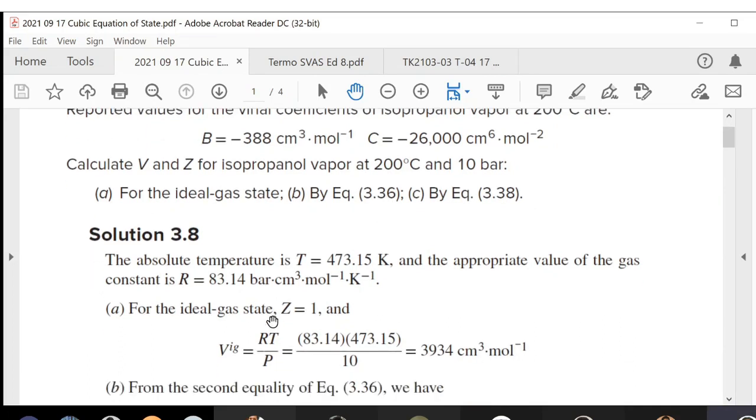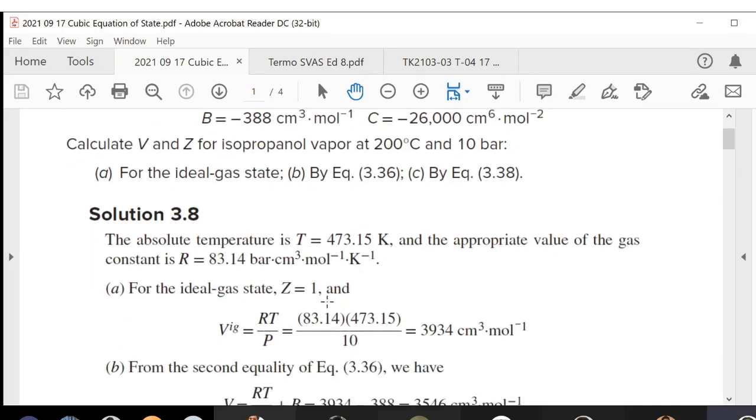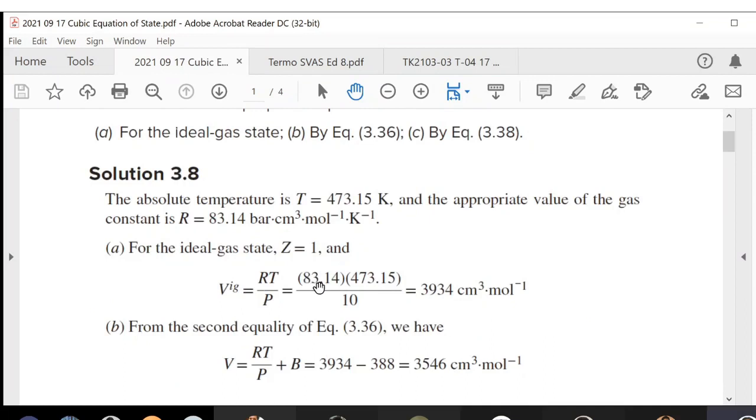This is the ideal gas, V ideal, V ig, equals RT over P. We enter the R, temperature, pressure, then we get the volume, if it is ideal gas calculation.